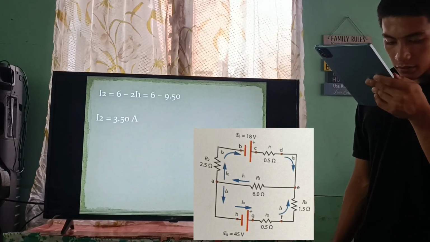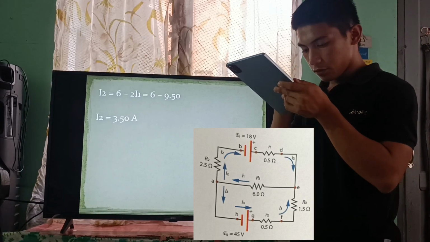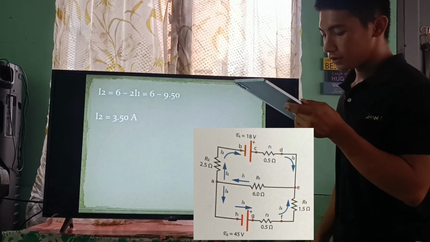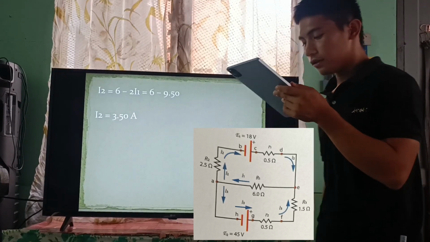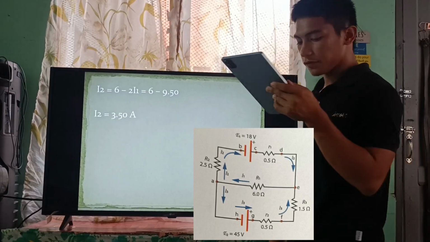This minus sign means I2 flows in the direction opposite to that assumed in figure 5.14.